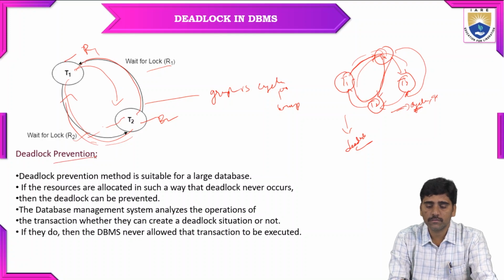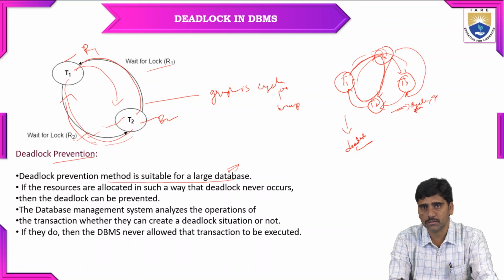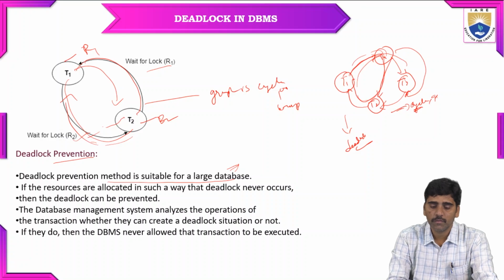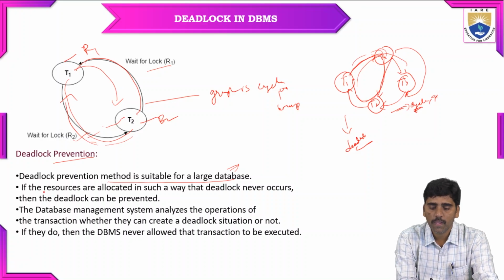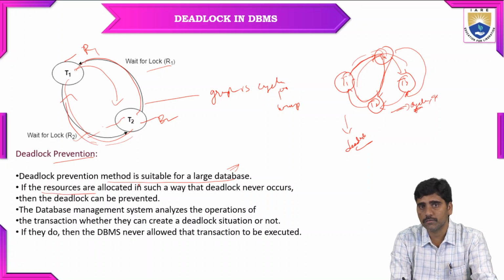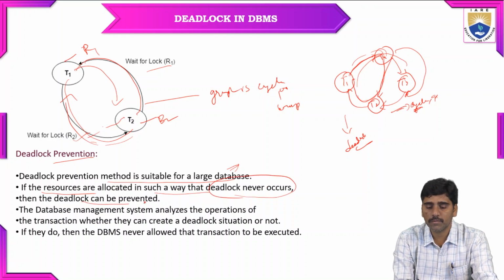Deadlock prevention. The deadlock prevention method is suitable for larger databases. We already said that deadlock detection with the wait-for graph is only for smaller databases. But for larger databases, deadlock prevention is suitable: if the resources are allocated in such a way that deadlock never occurs, then deadlock can be prevented.